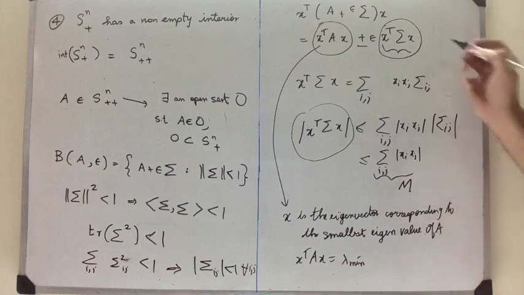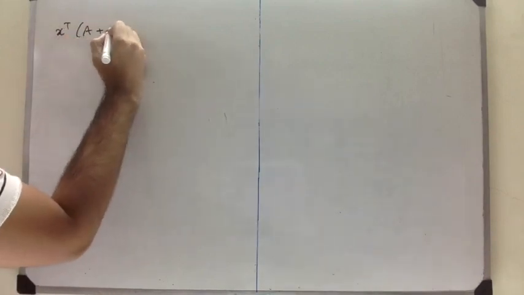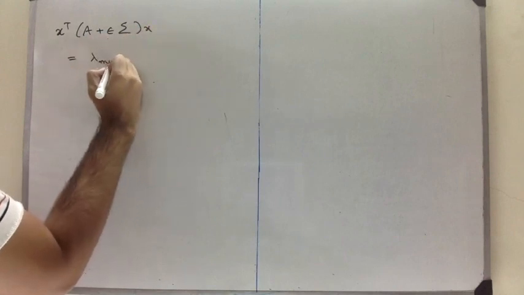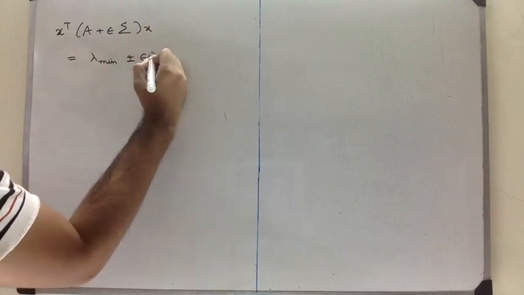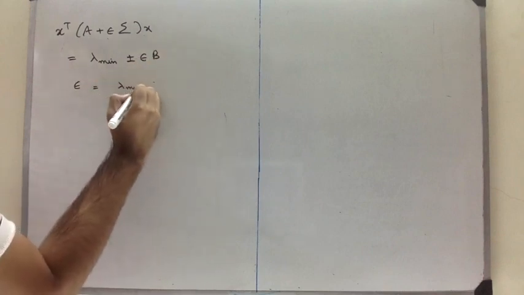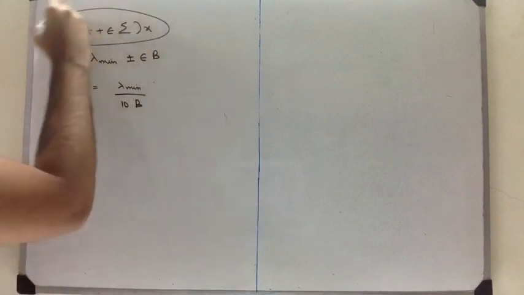Then all you need to ensure is that X transpose (A plus epsilon sigma) X is lambda min plus or minus epsilon M. So if you choose epsilon to be lambda min by 10M, we are done. This quantity is never negative.